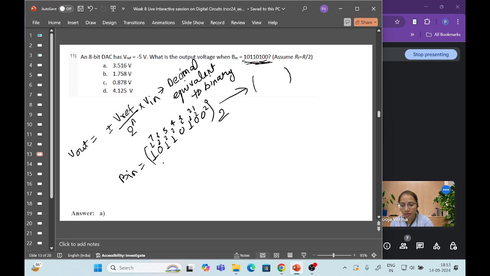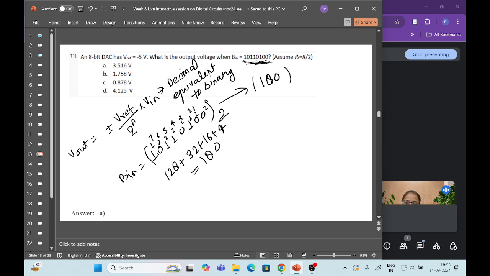That is 128 plus 32 plus 16 plus 4. If you add this, you will get 180. The decimal equivalent of this binary sequence is 180.